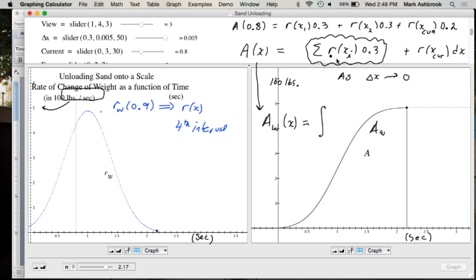So rather than the R function I have, don't miss this. This is what we've been working for 3 days. R sub W of x. When delta x gets super small, the constant rate function kind of morphs into the continuous rate function. And our delta x is our small intervals.